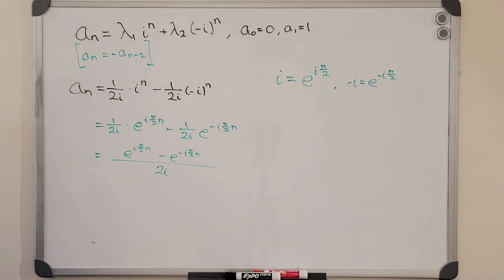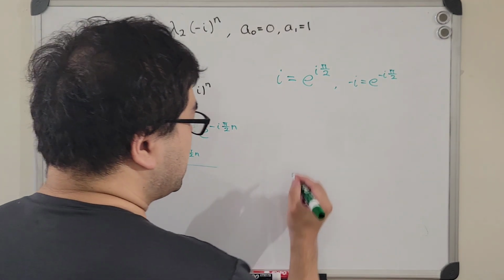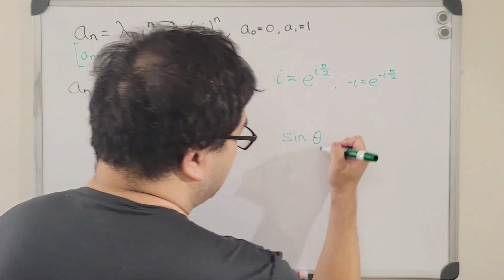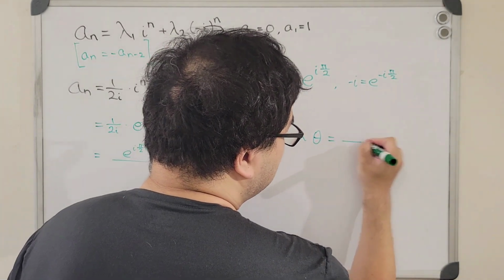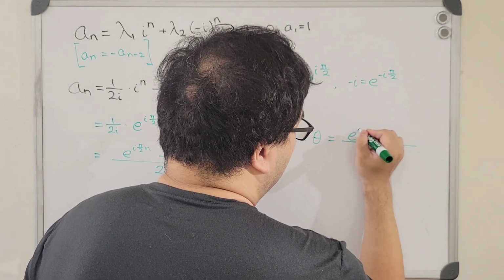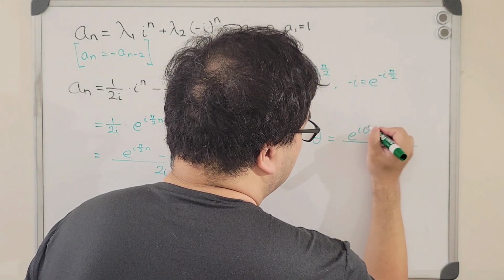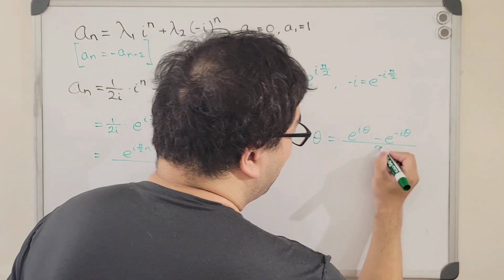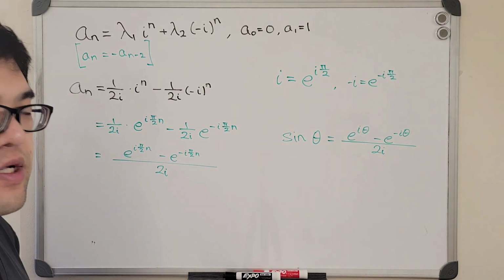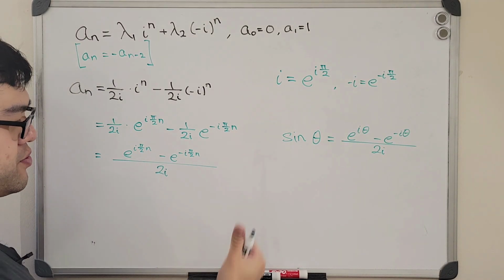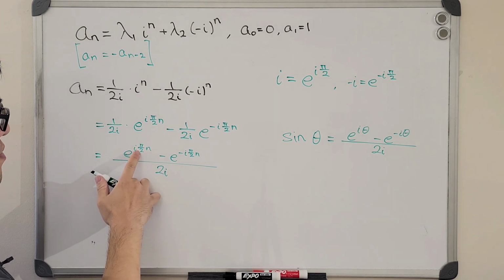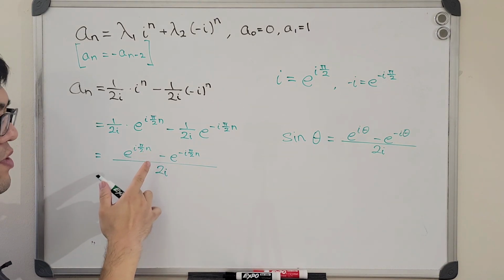Now up to here, what do we do? Well, we need to do the last thing, which is using the identity that sine of some angle theta is equal to e to the i theta minus e to the negative i theta, all over 2i. So let's see. We have the 2i on the bottom, which is great. Now on top, we have e to the i times some number here.